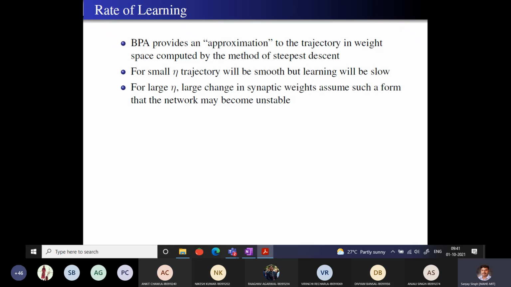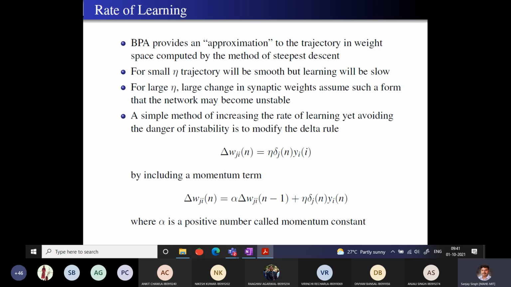On the contrary, if you take a large value of eta, a large change in synaptic weight happens, and that may work. The problem is that with a large rate it becomes unstable. Unstable means it can overshoot the global minimum and the error starts rising again instead of reducing.